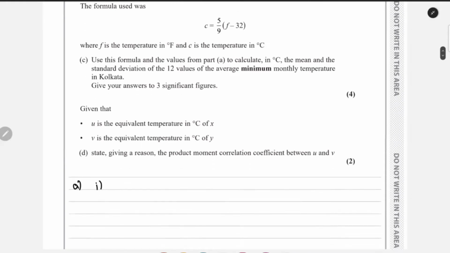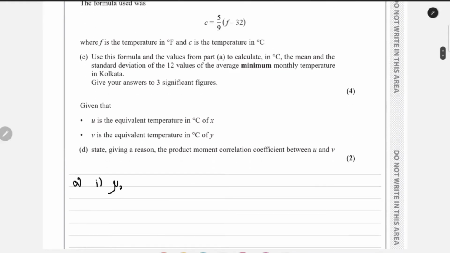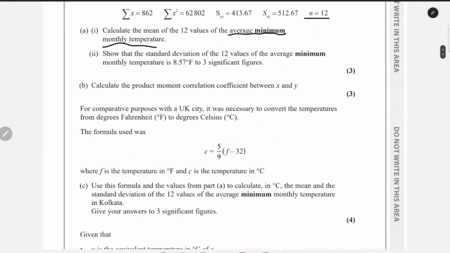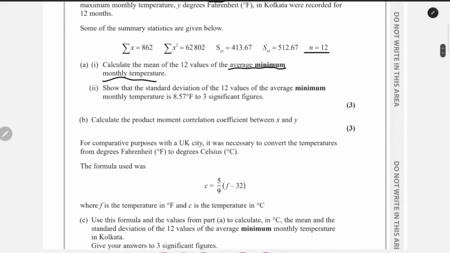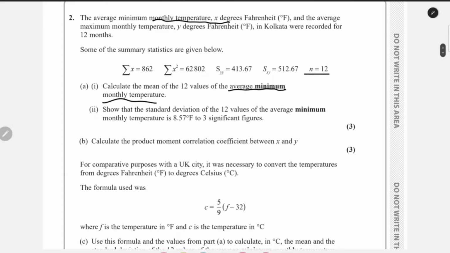So the mean of x would be the summation of x by n, which is 862 by 12. We'll get the mean will be 71.83.